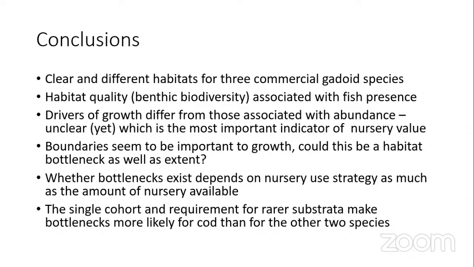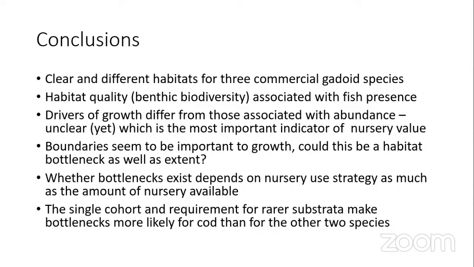Boundaries seem to be important, particularly for growth. And it could be that the availability of these boundary areas could be as important a bottleneck as the extent of the areas. But whether or not a bottleneck exists is an issue of nursery use strategy as much as it is the amount of nursery habitat.